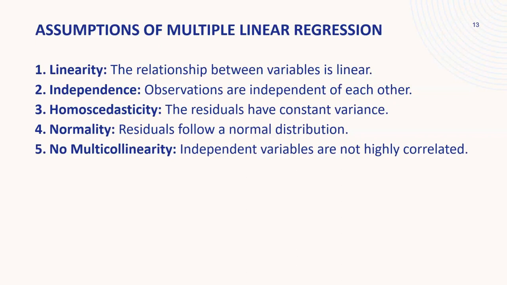Error terms should be constant, they should not change. There should not be too much inconsistency in the residual terms. Residuals or the error terms should follow a normal distribution. And the most important is that the independent variables should not be correlated among each other. There should be a minimum level of multicollinearity among the independent variables.